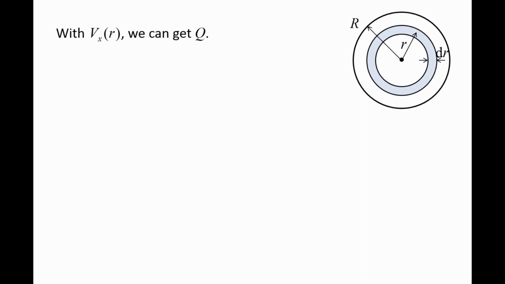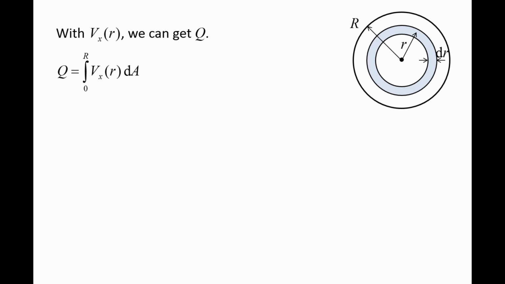With knowledge of the velocity profile, you can calculate useful quantities such as the volumetric flow rate Q. Q is equal to Vx dA integrated over the entire cross-section. Since we are dealing with a circular pipe, we'll integrate from the center of the pipe, where the radius is 0, to the pipe surface, which is a distance capital R from the center.